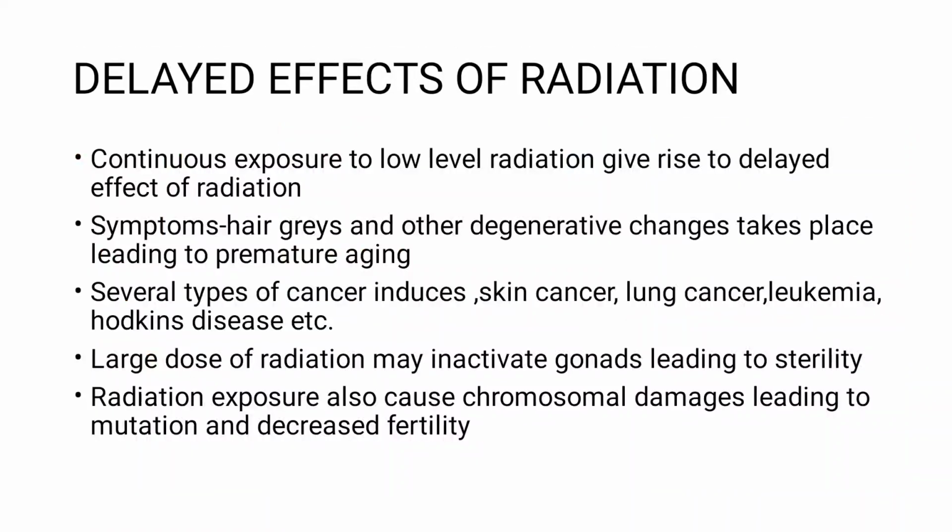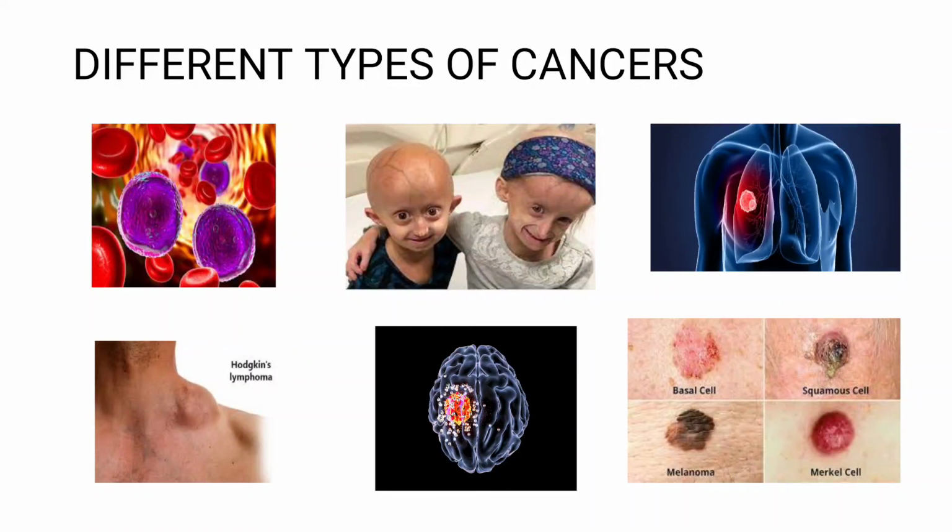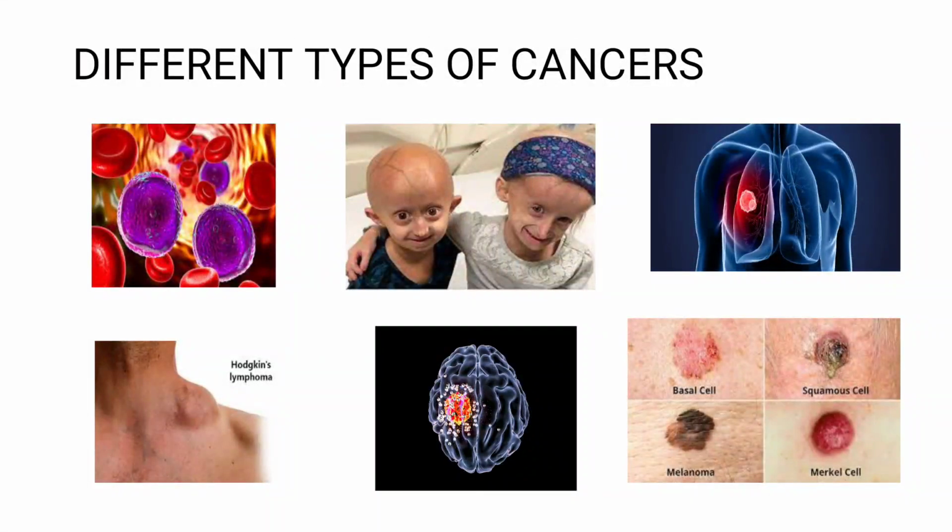And the third one, lung cancer, Hodgkin's disease, brain tumor, and different types of skin cancers: basal cell, squamous cell, melanoma, Merkel cell cancer. So these are the different types of cancers induced due to exposure to radiation.